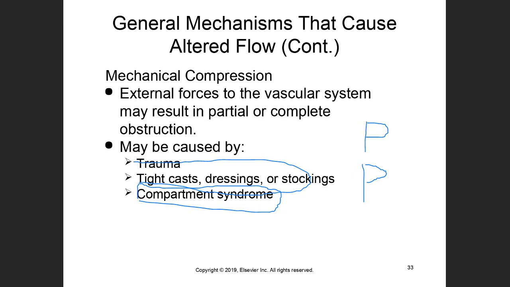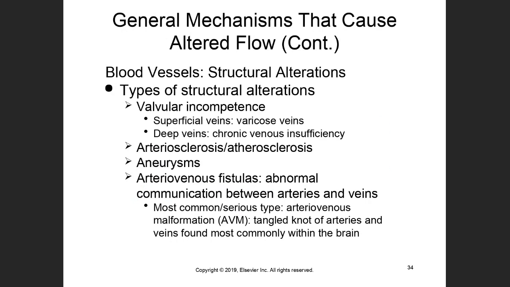All signs with P are due to compartment syndrome. You have to remove the cast, and you have to do a fasciotomy. You have to cut the fascia, because right here we have something called fascia that puts everything together.